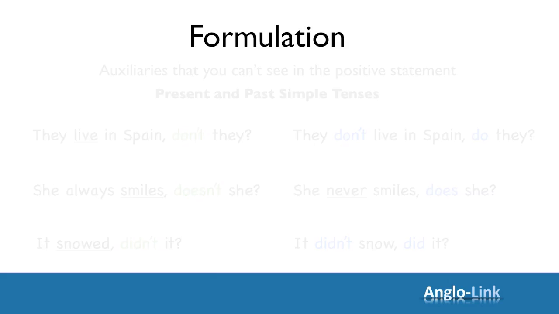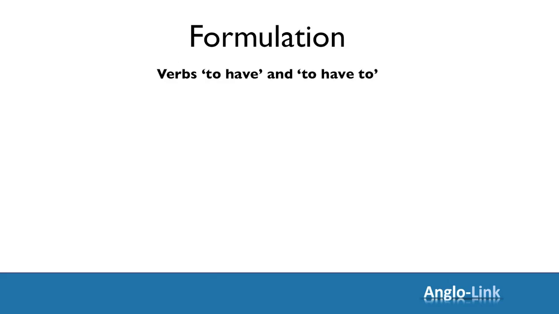Now, one verb to be careful of is the verb to have, and of course, to have to show an obligation. You can use these verbs on their own, or you can add the word got to them. If you use them on their own, you need to bring the auxiliary to make your tag. Let's have a look. They have a car, don't they?